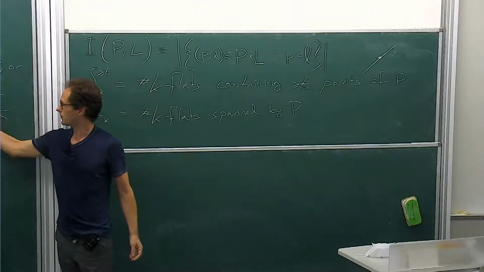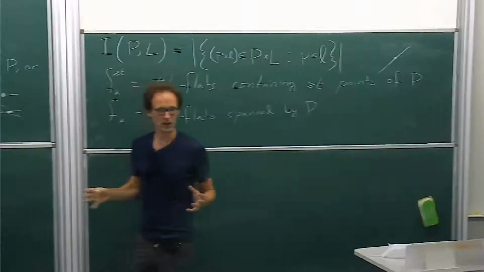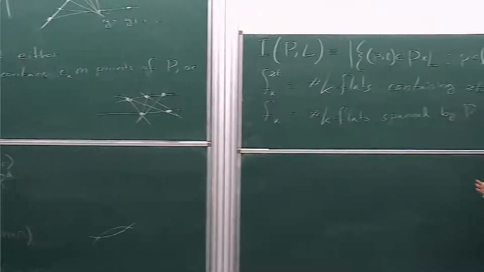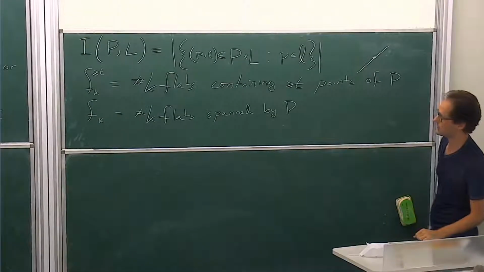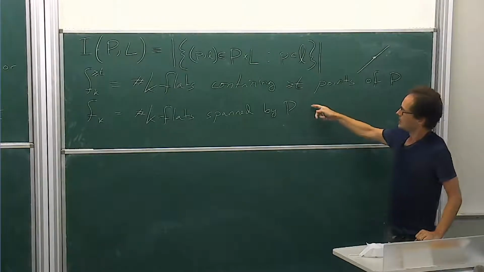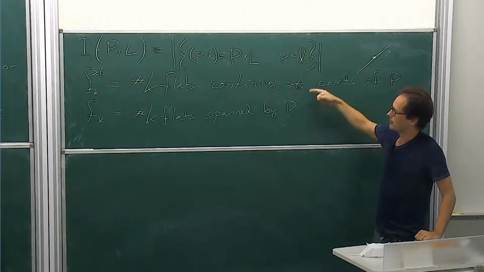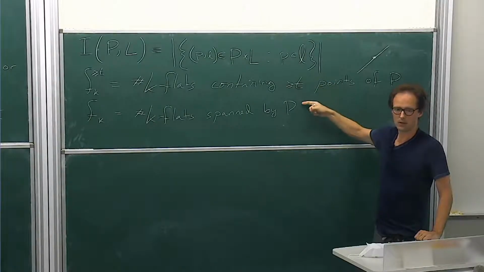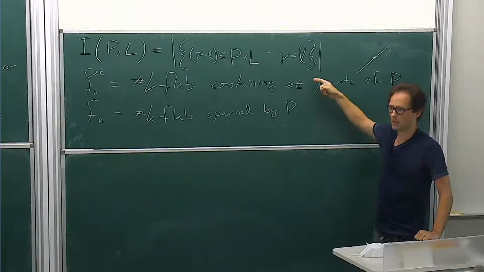Here there are 3 collinear points, so it's not the case that every pair of points gives a distinct line. You may have many pairs that give the same line.